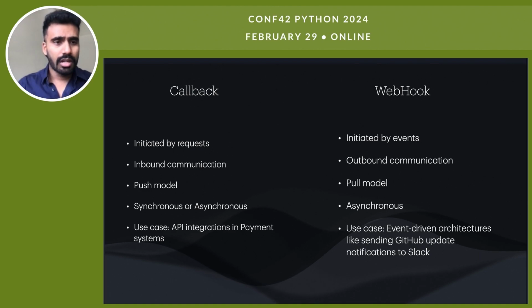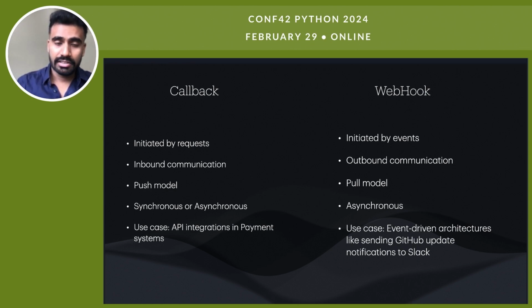So now let's go into some details or differences here. The callback is initiated by requests, as I mentioned here. One system, the caller, calls another system, the callee, and the caller includes a callback function or URL as part of the request, indicating where the callee should send the response or notification, right? Now, webhooks are typically initiated by events or triggers that occur in one system, especially the sender.